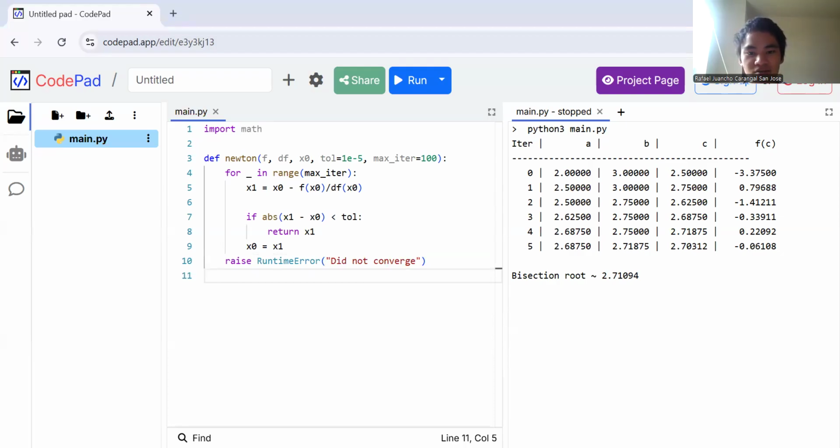And now I apply it. Here I do my lambda, and I think this was x. Here's where I use my math, because there's no such thing as cosine built in here.